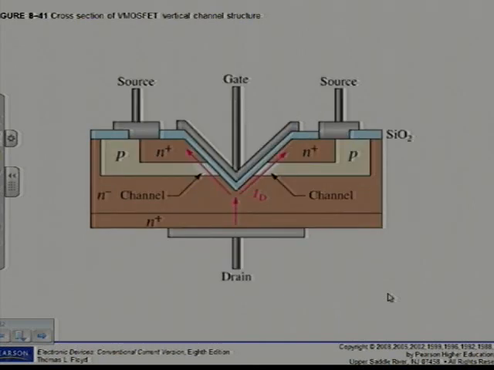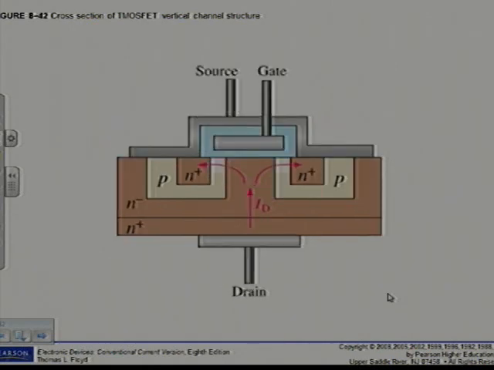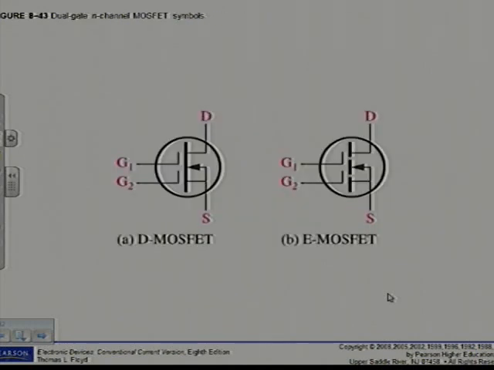There's the V MOSFET. Why V? Because the gate has a V shape inside the material. And there we have the T MOSFET. It looks like a T in the structure, right? And then they also give us the dual gate MOSFETs and the symbols for the dual gate MOSFETs, one for the D MOSFET and one for the E MOSFET.